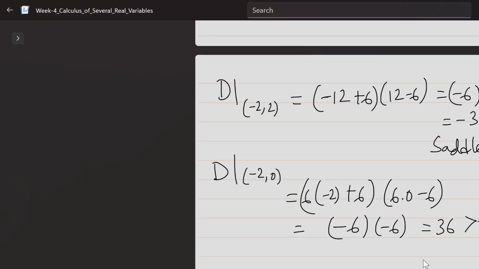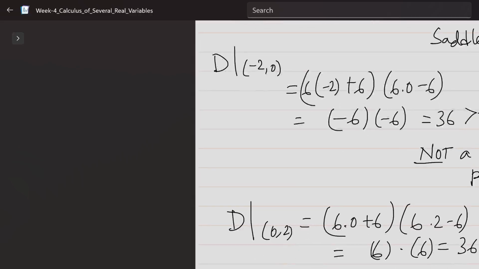Either local maximum or local minimum. Not a saddle point. And D at 0, comma 2, right? It is 6 into 0 plus 6, comma 6 into 2 minus 6. So it is 6 into 6, so 36. Positive, so not a saddle point.